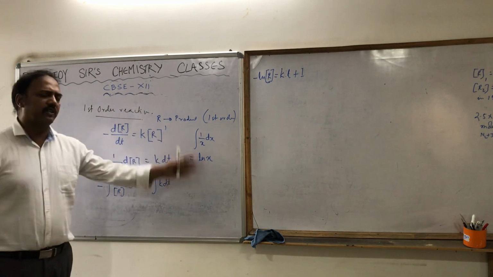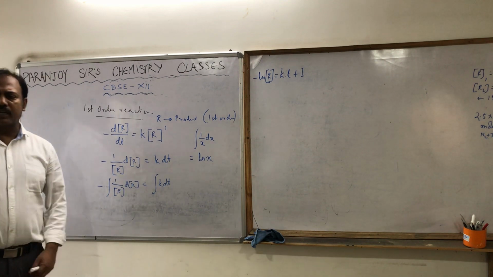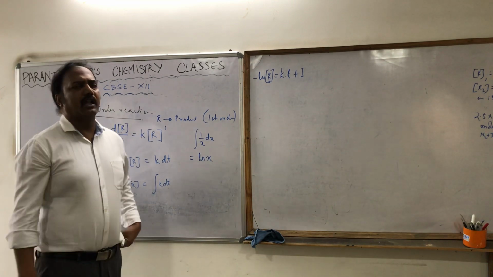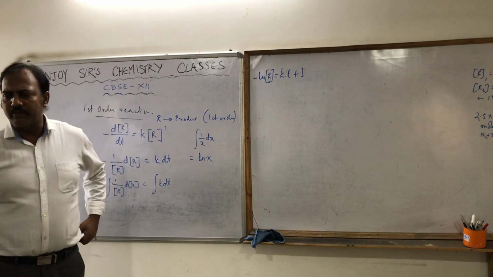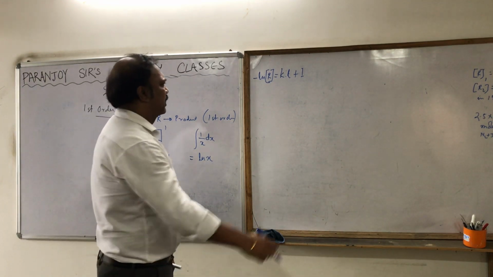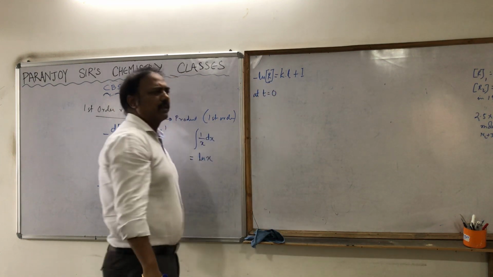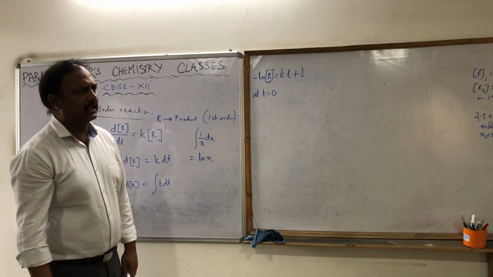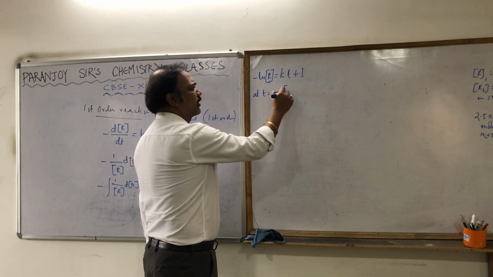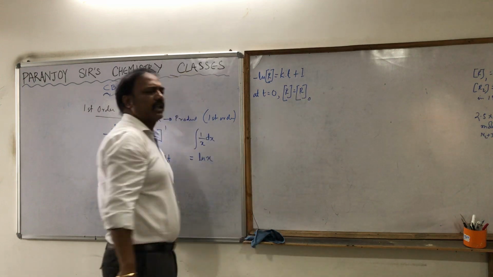Just one formula is different, but that's all. So plus I, and what is that I? I is nothing but the integration constant. The next step we had done is that we calculated the value of I by putting in some condition. We will put the same condition and get the value of I. At t equal to 0, the concentration of R is R0, the initial concentration of the reactant.